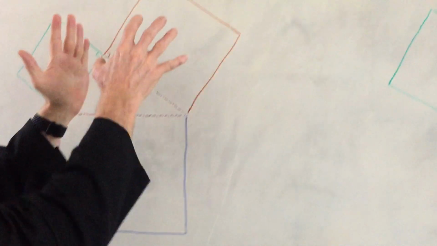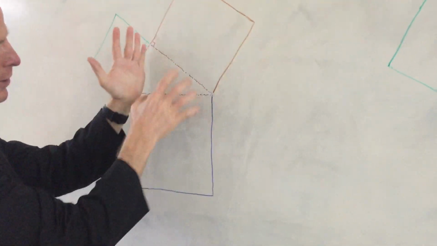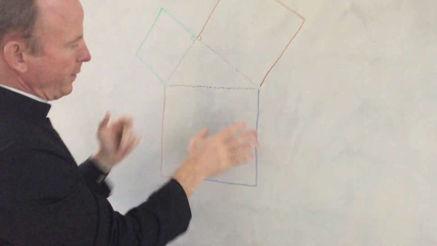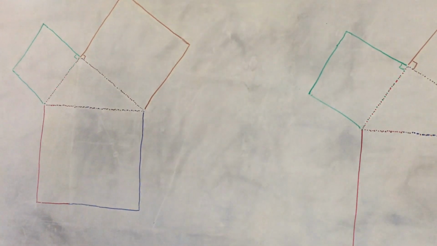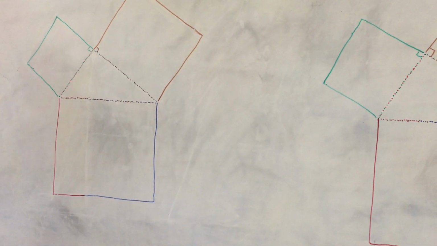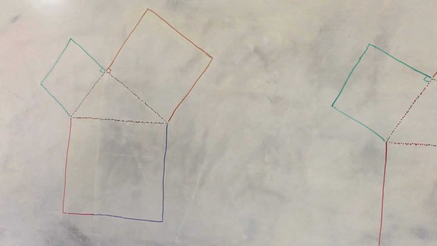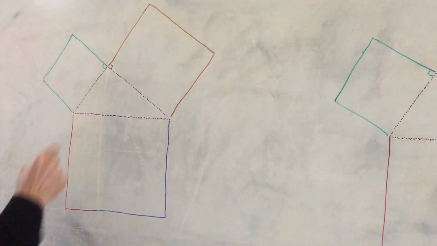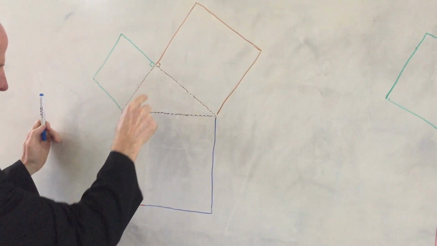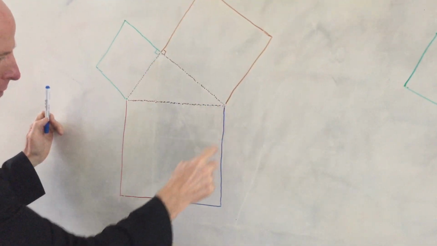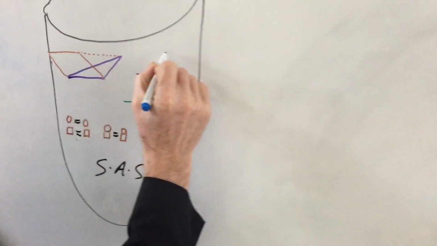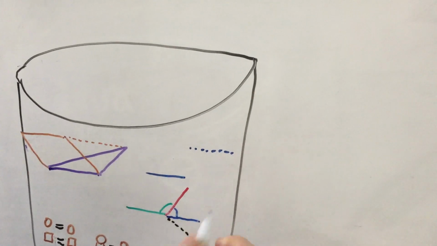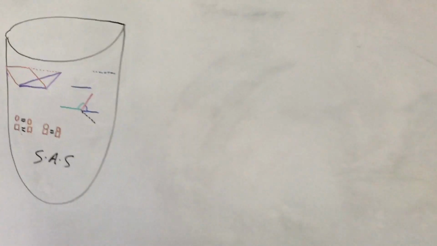Right, now let's prove that this square is equal to one part of this whole square. We're going to do that by doing some tricks here. Let's get our little blue marker. I'm going to draw from this point a line parallel to this line. That's another thing we have from our bag of tricks: given a line and a point not on that line, to draw a line parallel to that given line.